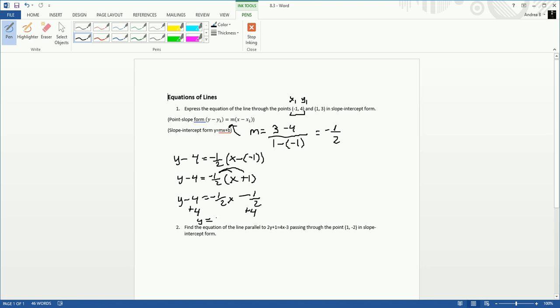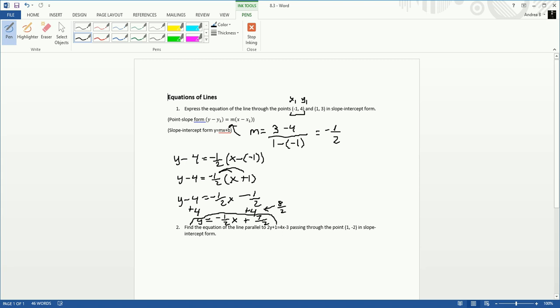So here we'd have y equals -1/2 x still, plus 4, which if you write it as a fraction with a common denominator of 2 would be 8/2. So -1/2 plus 8/2 gives us 7/2. Once again, you can use your calculator to help double check your answers and make sure you're doing those fractions correctly.